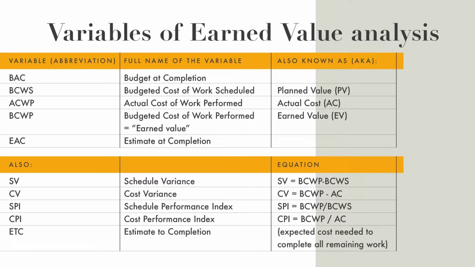Then there are some other variables here which we are going to learn during this session when I'm showing you few next pictures. So there is schedule variance, cost variance, schedule performance index, cost performance index, and estimate to completion. But you will learn to know visually also about what these actual variables are about.